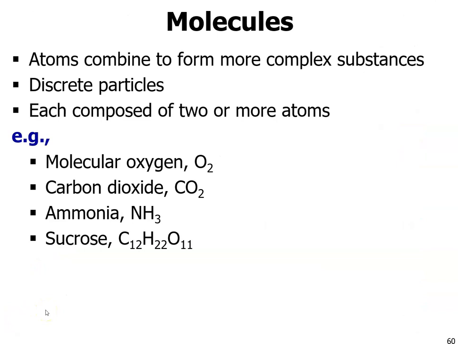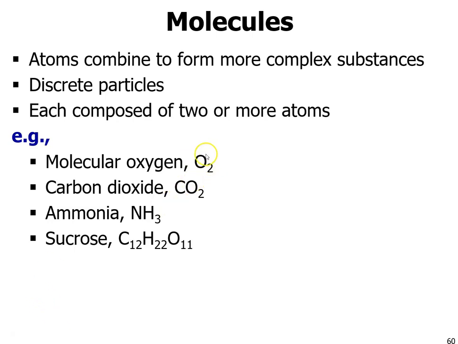So when we're talking about molecules, John Dalton, remember his theory was discussing that atoms combine to form more complex substances. Those are called molecules. And each of the different types of molecules, depending on their organization and the numbers and types of different elements in them, are going to give us different types of compounds.